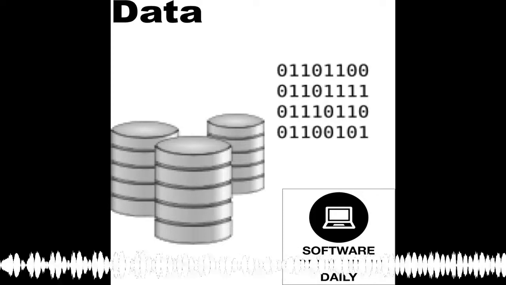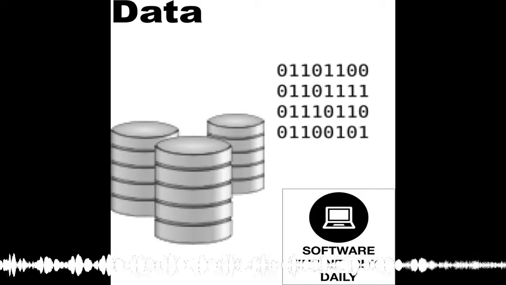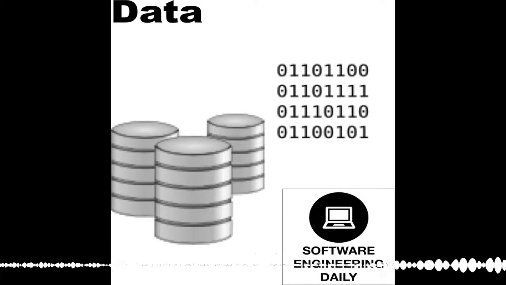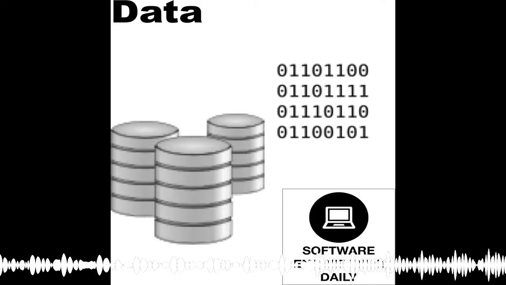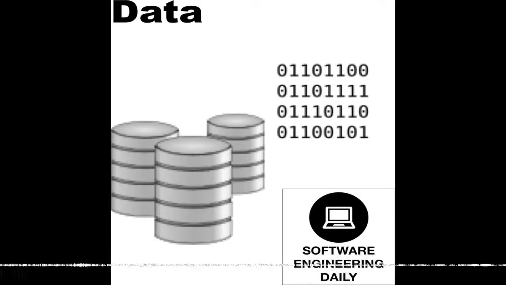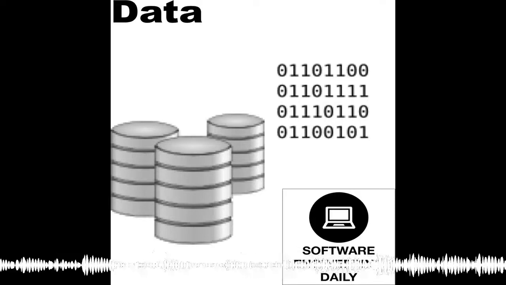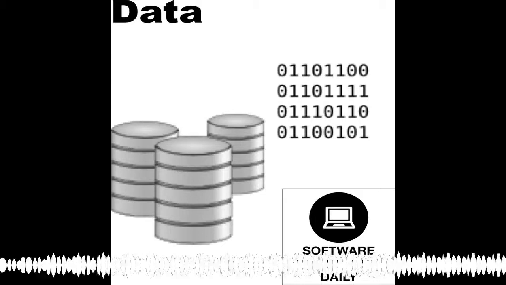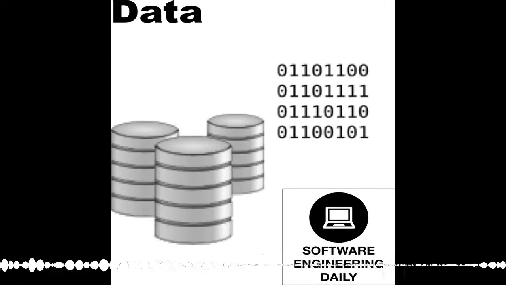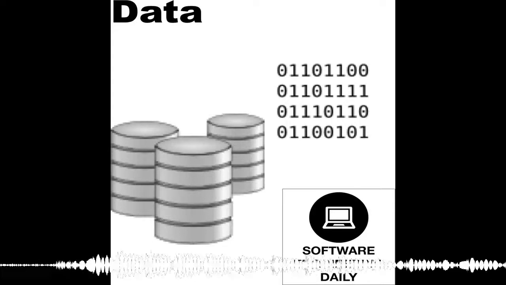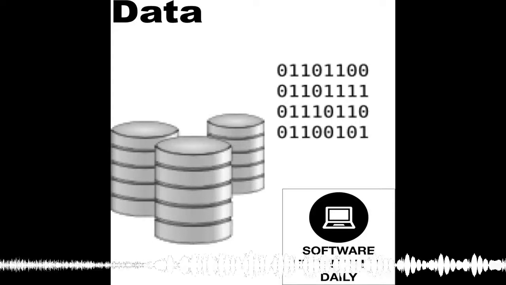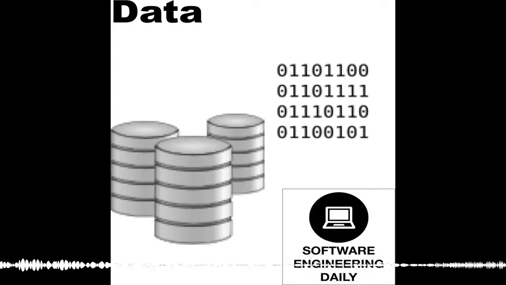OLTP, you can think of it as, let me build Amazon. Let me build millions of shopping carts, and I want that to work really, really well. So your goals in that case are, I want a lot of availability, and I want to be able to have millions of updates happening all the time to someone's shopping cart or profile or something like that.